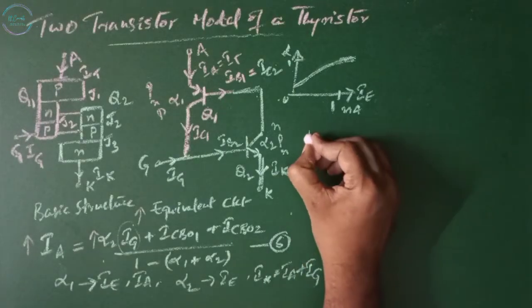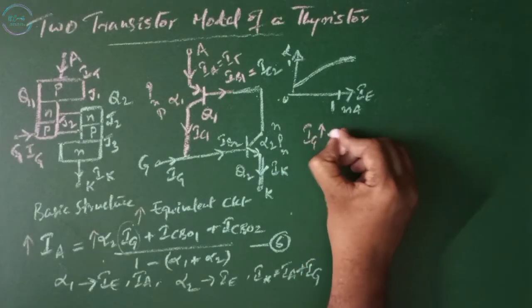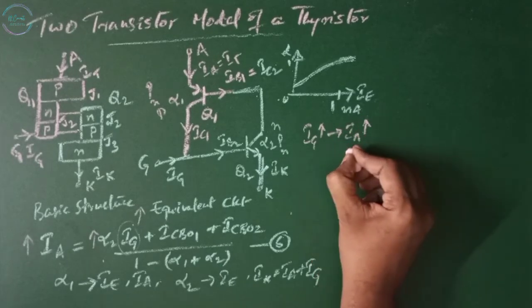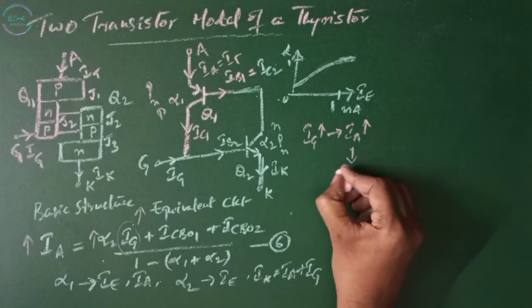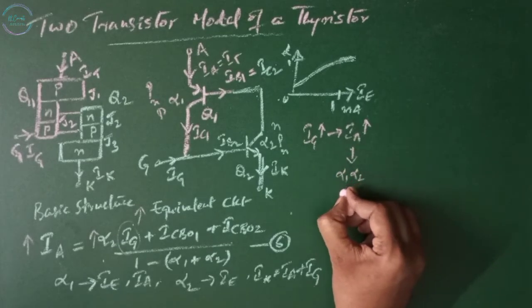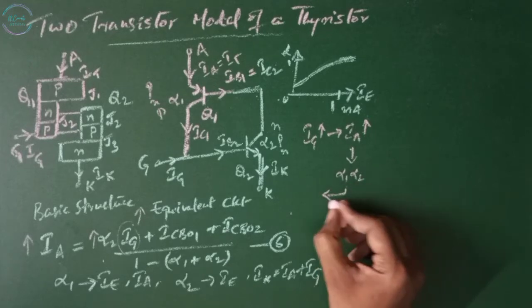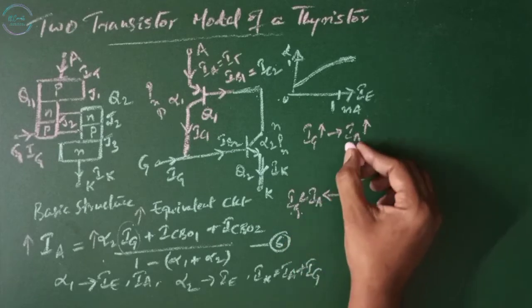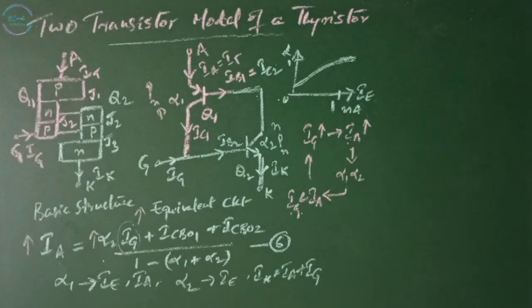So a small change in IG increases IA, which increases alpha 1 and alpha 2, which again increases IA. Therefore, there is a regenerative or positive feedback effect.